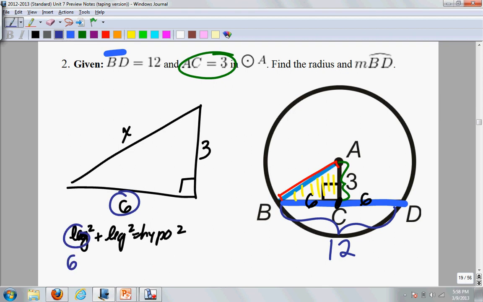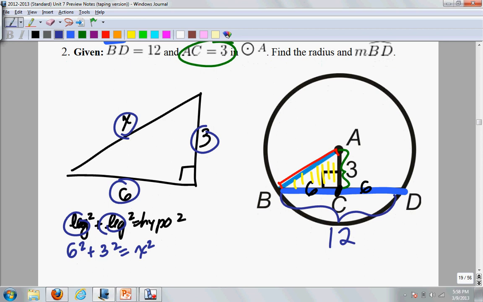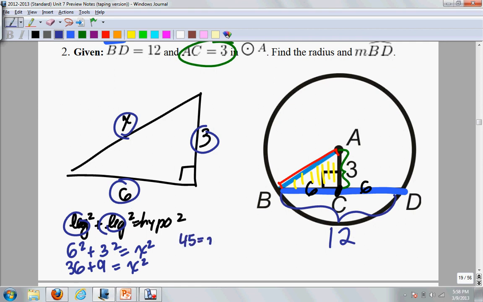Our first leg is 6 squared plus 3 squared equals our unknown x squared this time. We have 36 plus 9 equals x squared. That's 45 equals x squared, and then we square root both sides.